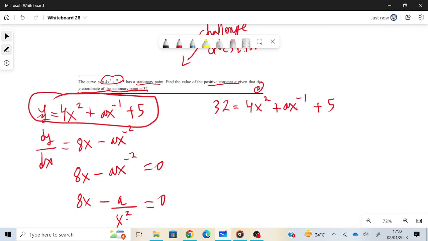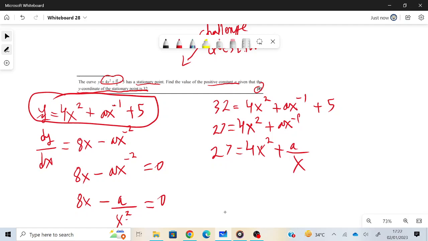Now collecting our like terms, we would have 27 equals 4x squared plus ax to the power of minus 1. And we can rewrite this now to say 27 is equal to 4x squared plus a over x.